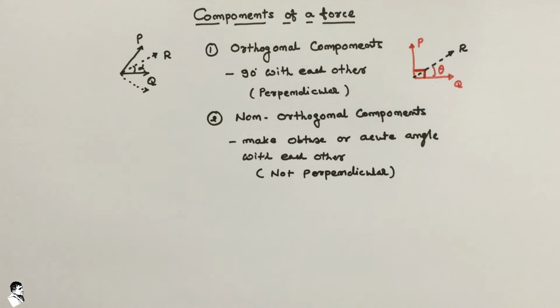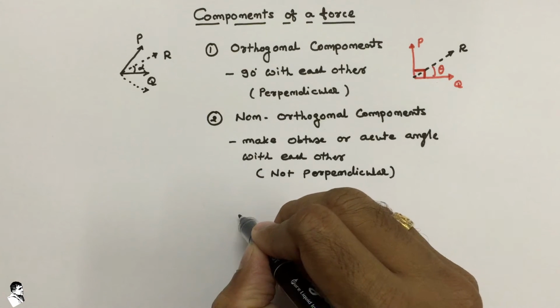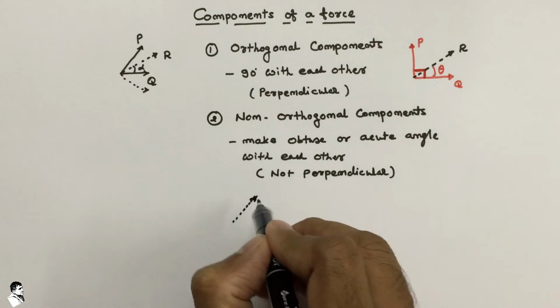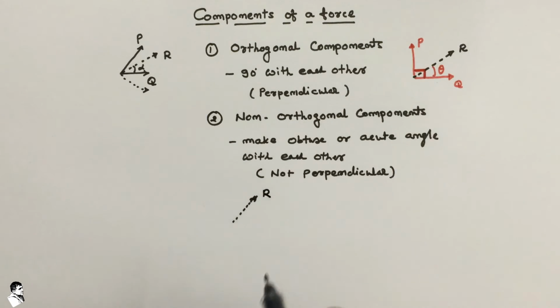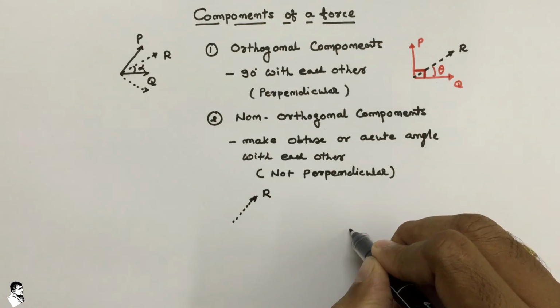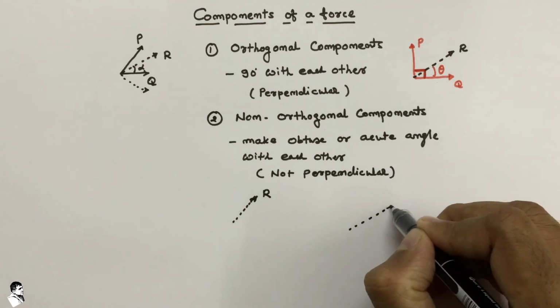So if again we have a resultant R, in this also we have two cases. So we take two types of resultant.